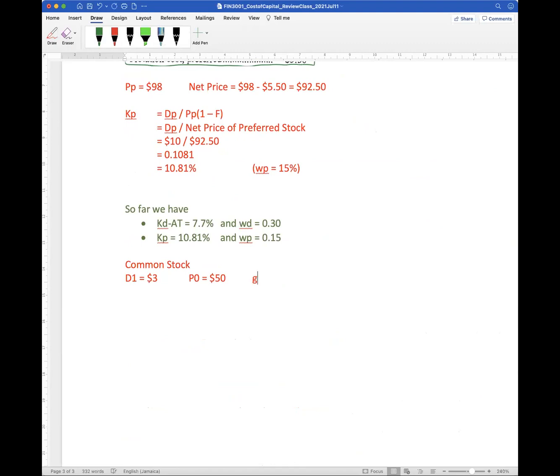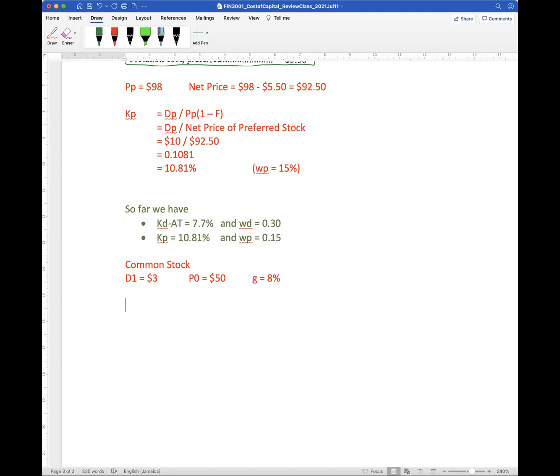So the growth rate G equals 8%. Remember, it's two sets of formulas. We have one for CAPM and we have one for the straight dividend growth.